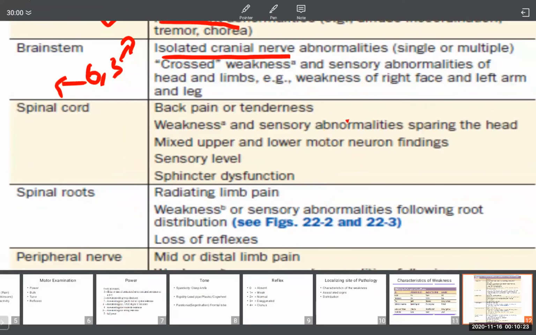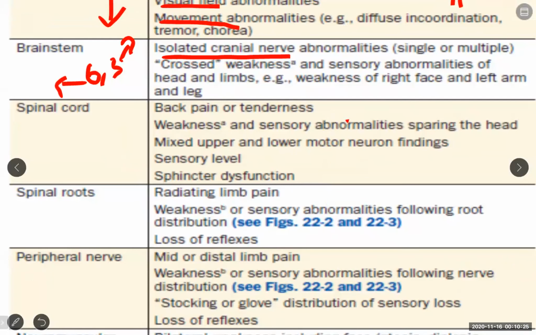to the region of the spinal cord. When you have a lesion of the spinal cord, the spinal cord is generally a small area. So you have multiple tracts clustered, with your corticospinal tract anterior, your sensory tracts posterior, your lateral spinothalamic tract. So when you have a lesion, it tends to involve multiple things in a small area. So you will typically have weakness with sensory abnormalities.